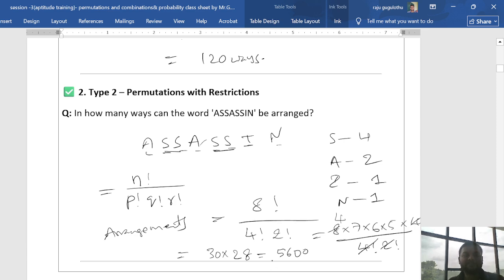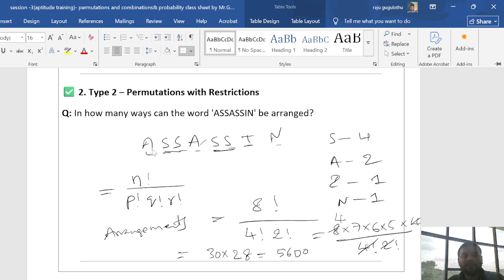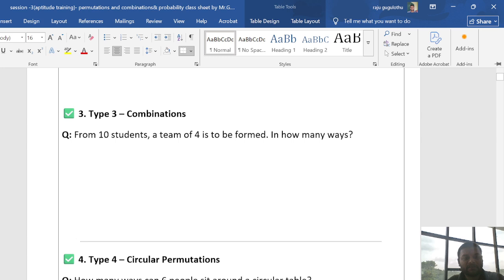This many ways the word assassin can be rearranged. It is just calculation and applying the logic. Okay, guys, let us go to the next question.